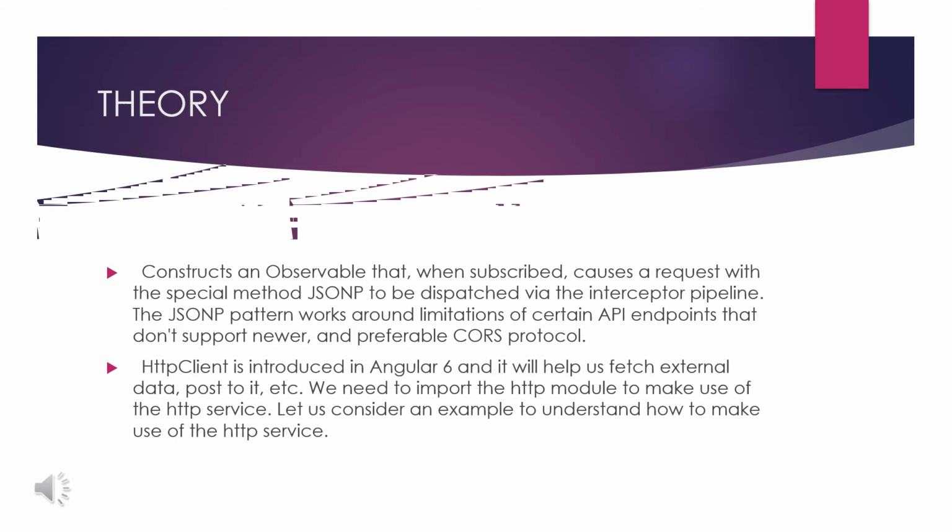We can use observables to utilize these HTTP client functions, and through this we can call the general service methods, or else REST API methods: get, put, post, delete, headers methods.